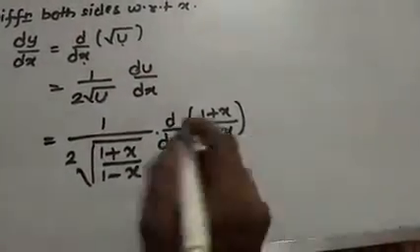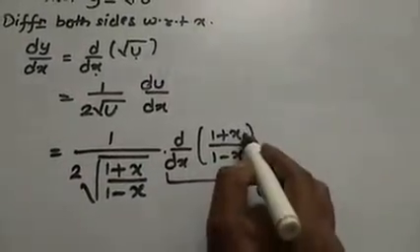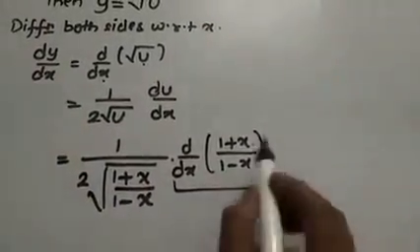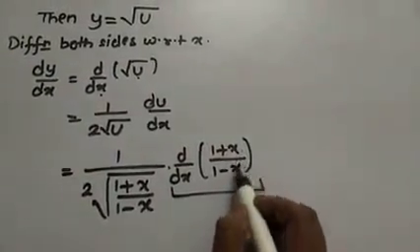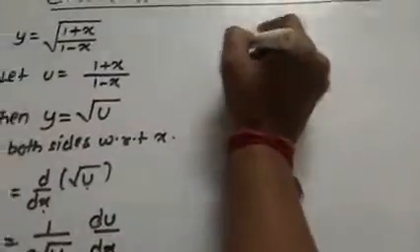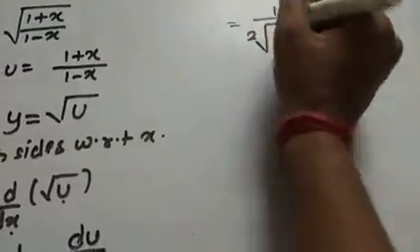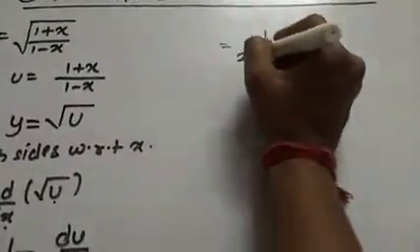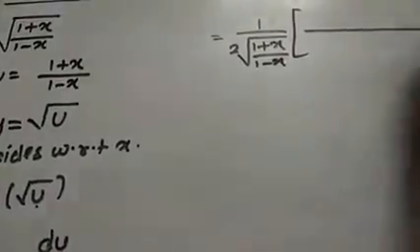Now for this particular part, you can see it is in u by v form, that is division form, so we can use the division rule here. After that we can write 1 by 2 root over 1 plus x by 1 minus x, and here the division rule.